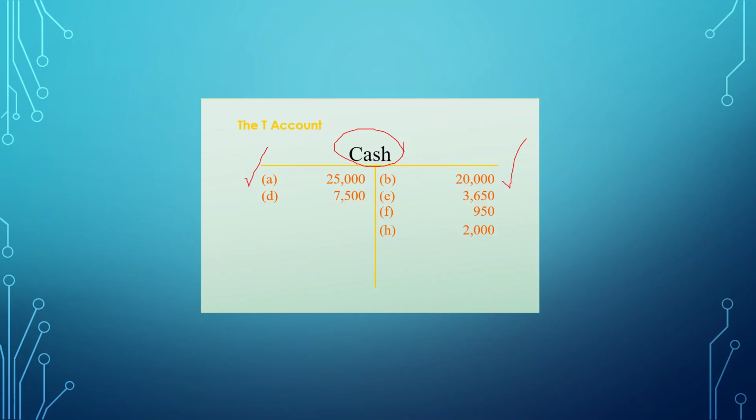Now, you remember that in our rules for debit and credit, cash, which is an asset, will decrease on the credit side. So all transactions where we pay cash, withdraw cash, or anything that reduces our cash will be placed in the credit side.